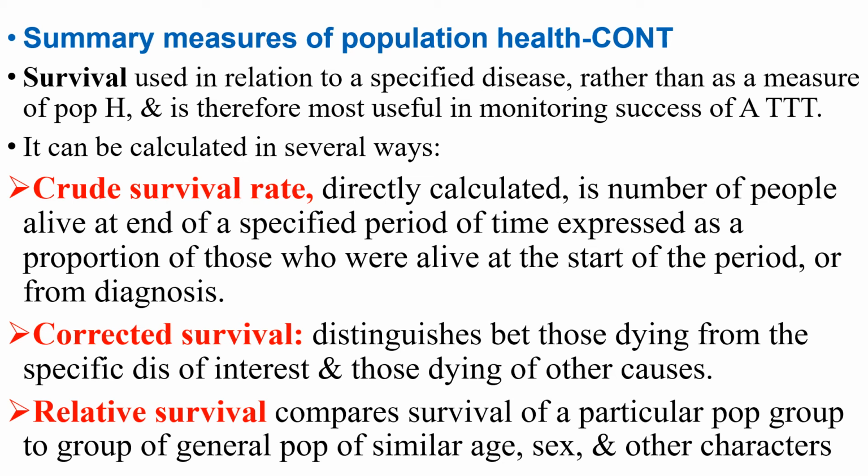Crude survival rate, directly calculated, is the number of people alive at the end of a specified period of time, expressed as a proportion of those who were alive at the start of the period or from diagnosis. Corrected survival distinguishes between those dying from the specific disease of interest and those dying of other causes. Relative survival compares survival of a particular population group to a group of the general population of similar age, sex, and other characteristics.